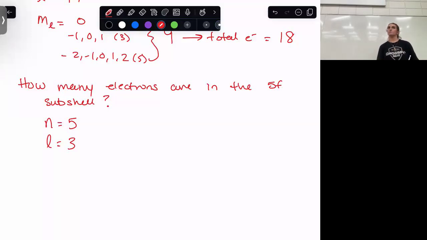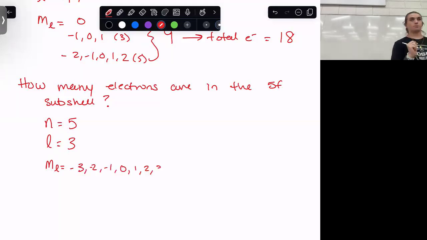So what are our options for M sub L? -3 to 3. I'm asking you how many electrons, so we take that into account because we know there's always going to be 2 here, right? So we're just looking at how many orbitals.